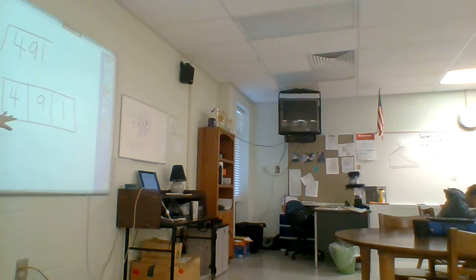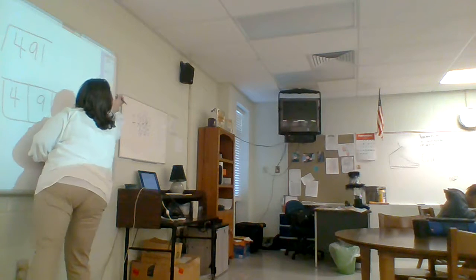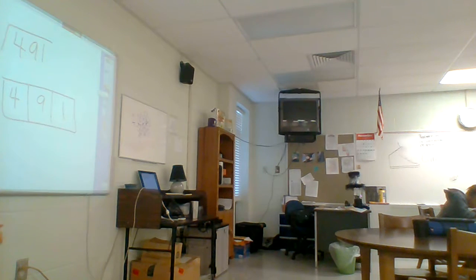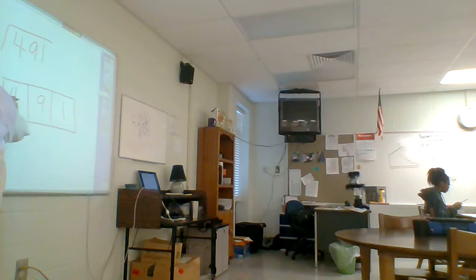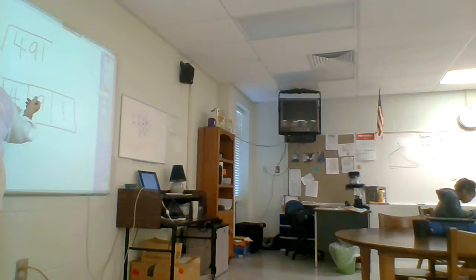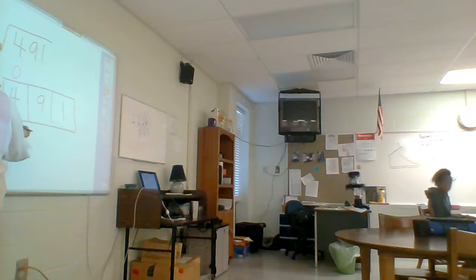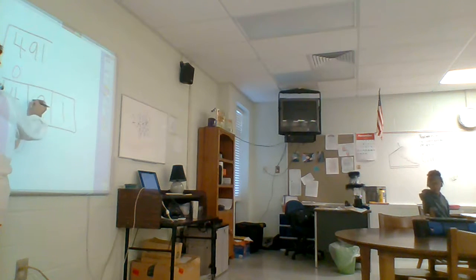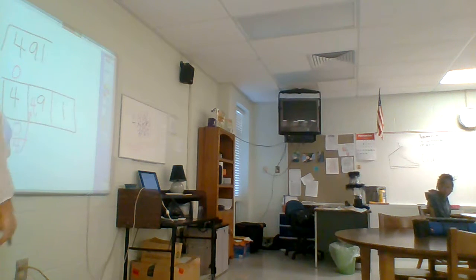Okay. I'm going to use a different color so y'all can see what's going on. If I have 6, can I multiply anything by 6 and get close to 4? No. So I'll put a 0. 0 times 6 is 0. So what do I have left? 4. Now I'm going to move my 4 up here. Now I have 49.